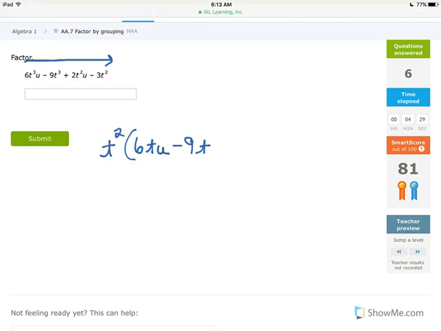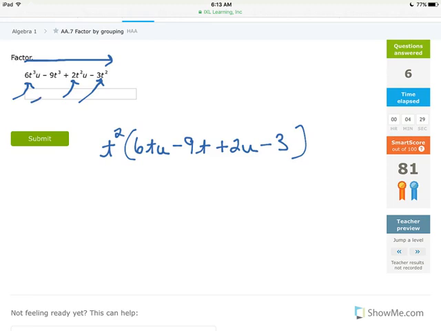So t squared times t is going to get you the t cubed, and then you have the 9. And then on the next one, the t squared came all the way off, so you're just left with a 2u. And then again, the t squared got factored off this one, so it's going to be a minus 3. So that would be factoring that common t all the way out of the problem.